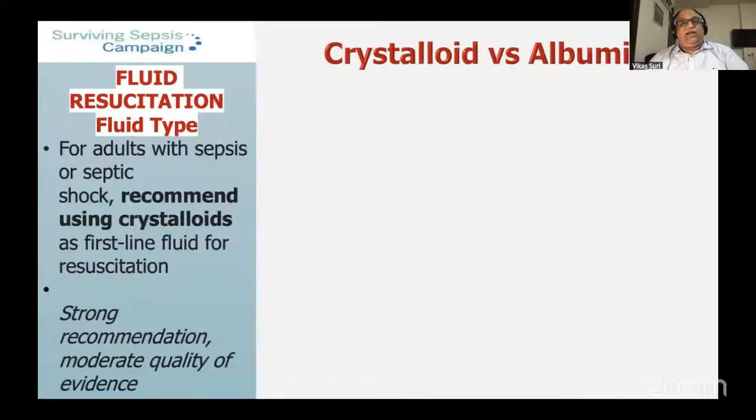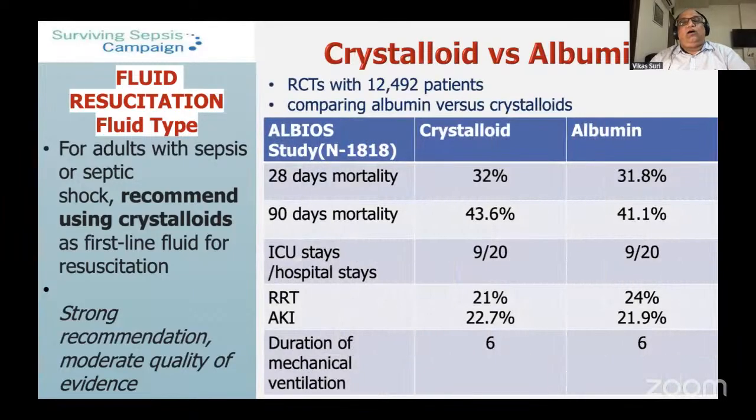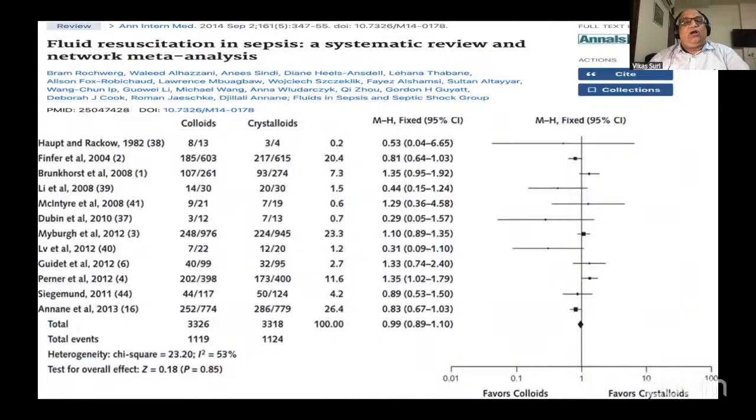Coming to crystalloids versus albumin, it's a strong recommendation to use crystalloids. This is the study in which albumin was nearly comparable to crystalloids, but this meta-analysis showed that crystalloids were associated with fewer complications, that is less need of RRT and coagulopathy, as compared to colloids.